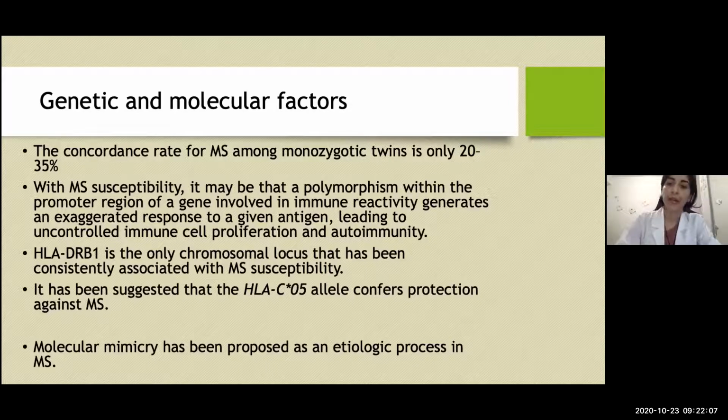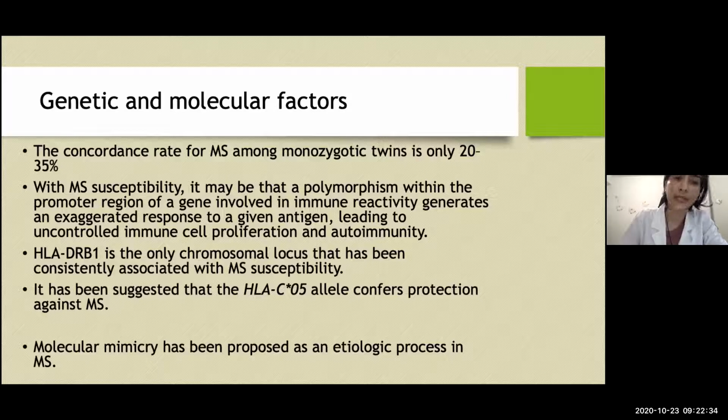In case of MS, it may be that a polymorphism in the promoter region of a gene involved in immune response would generate an exaggerated response to an antigen, leading to immune cell proliferation and autoimmunity. There's also research going on in terms of a single nucleotide polymorphism that may be involved in increased risk of severe disease or certain types of MS. For example, HLA-DRB1 on chromosomal locus has been consistently associated with MS susceptibility.